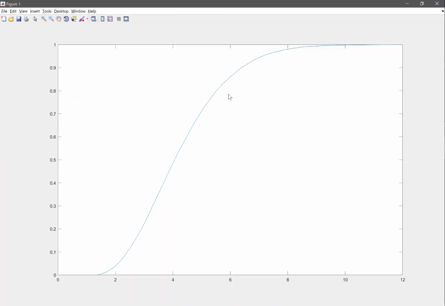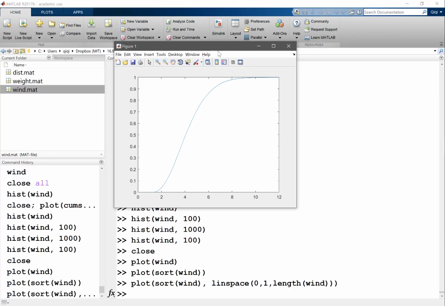So here would be a proper cumulative distribution function, because the x-axis is now my x, and if I look at any vertical point, this is the likelihood of the wind being slower than that particular value, right? So that's basically the CDF.